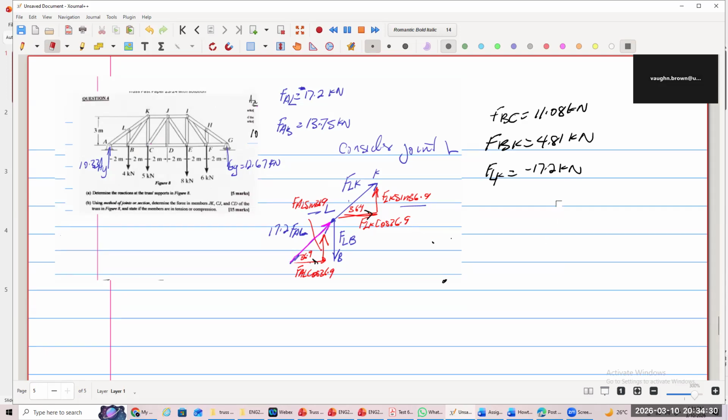So we're considering joint K. Let's draw joint K quickly. We have K here, and we're going to assume that one is in tension there.